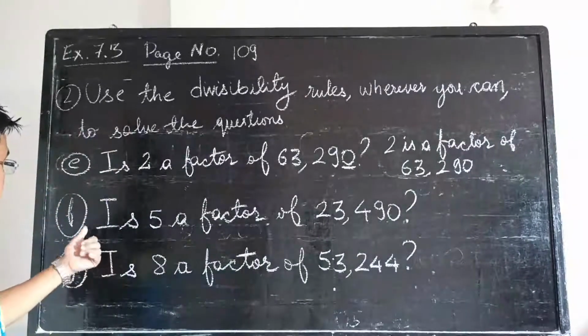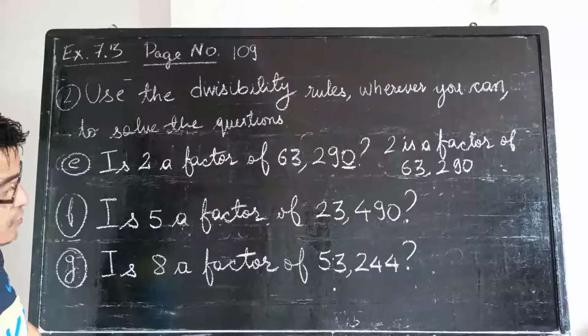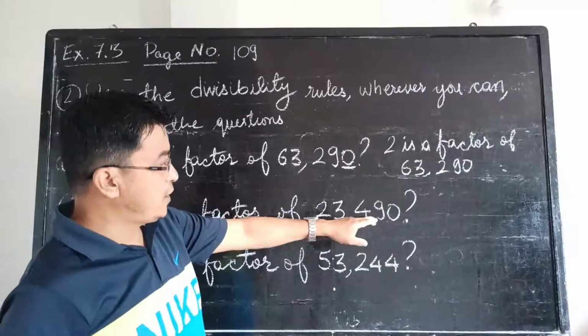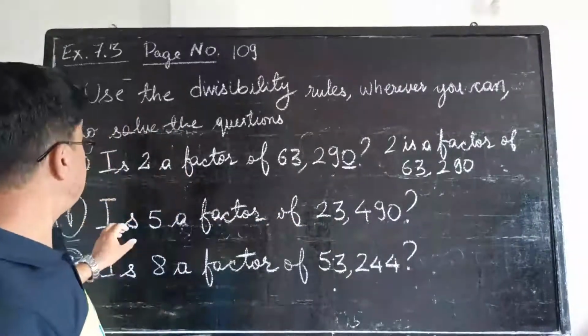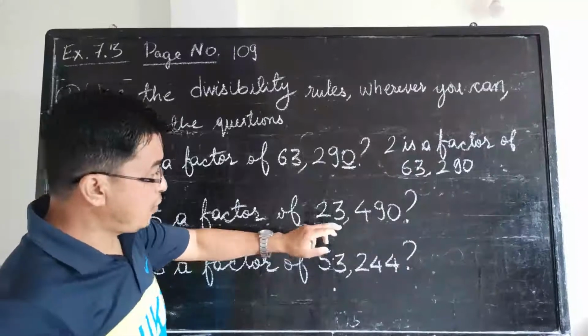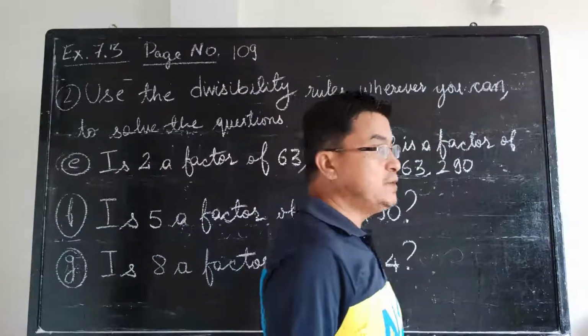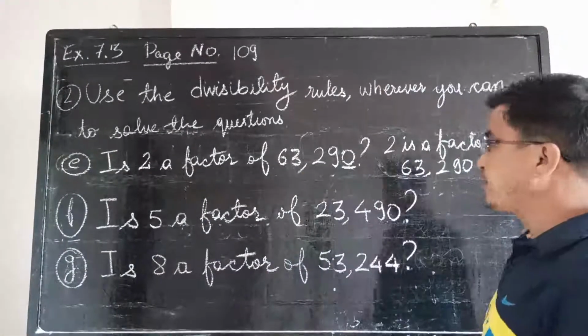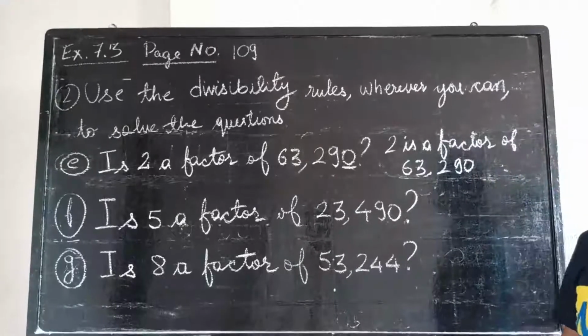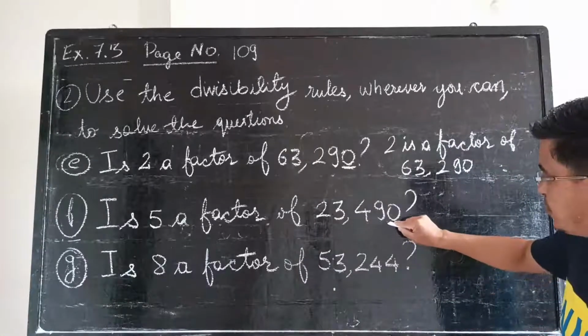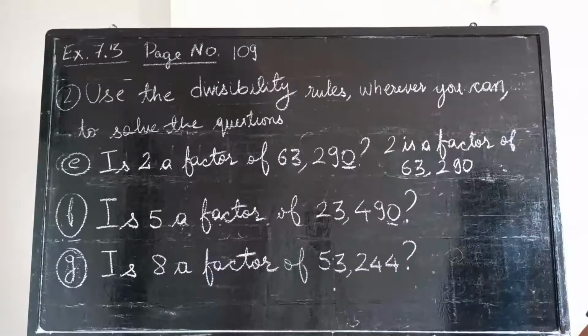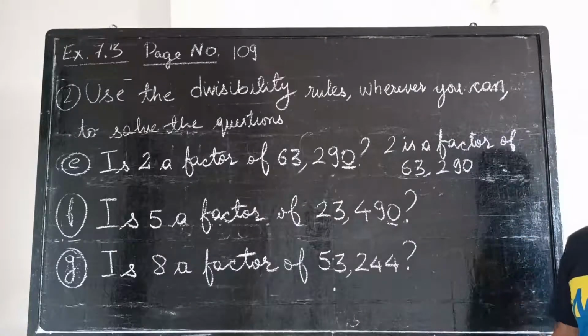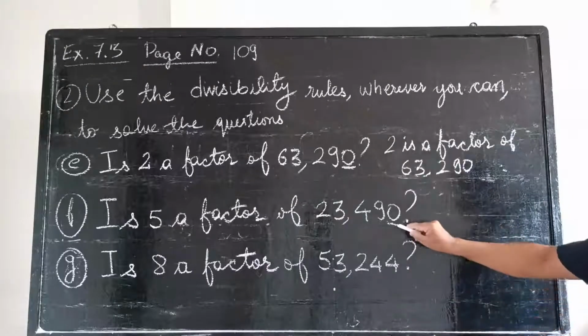Now F. Is 5 a factor of 20,490? In the divisibility test we learned that 5 can divide a number if the last digit is either 0 or 5. Here the last digit is 0.